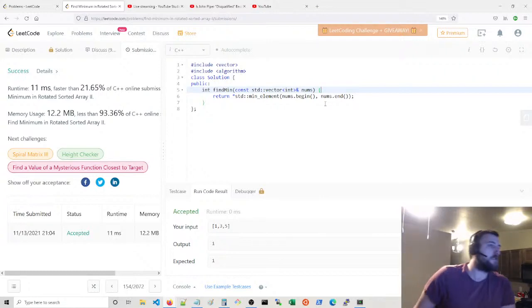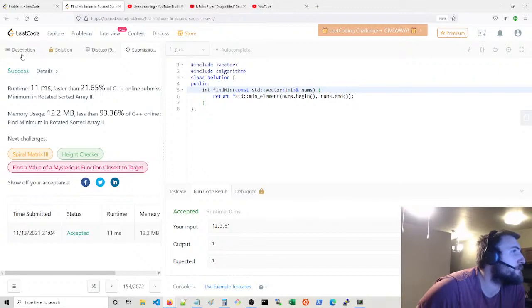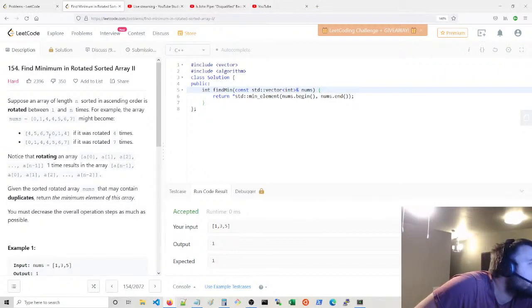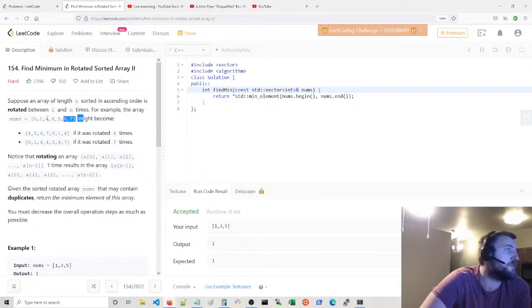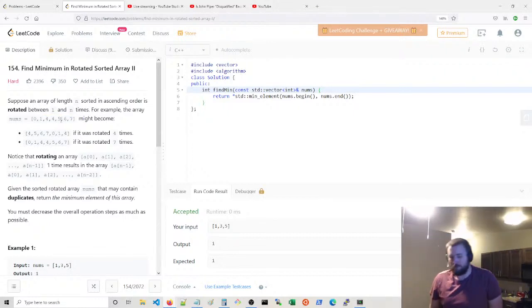Let me see, is that right? If we go back to the description. Yeah, they're rotating. To the right would be clockwise, to the left would be counterclockwise. So if you rotate 4 times, you're rotating to the right.